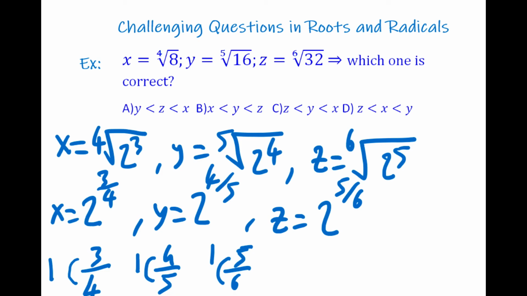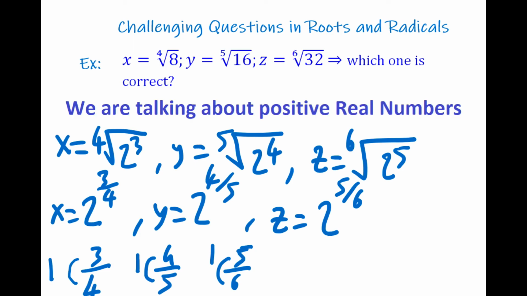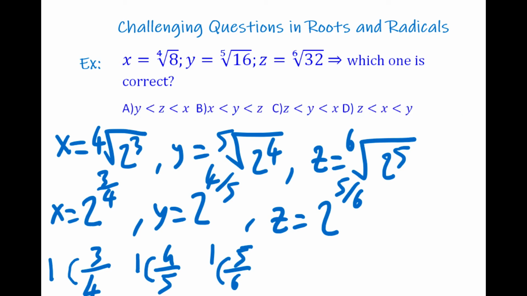In such questions where the numerator is less than the denominator and the differences are equal, for example, the difference between 3 and 4 is 1, between 4 and 5 is 1, and between 5 and 6 is 1, in such cases, guys, whichever has the bigger denominator, that number is bigger. So 6 is greater than 5 and 4, that means this one is bigger.